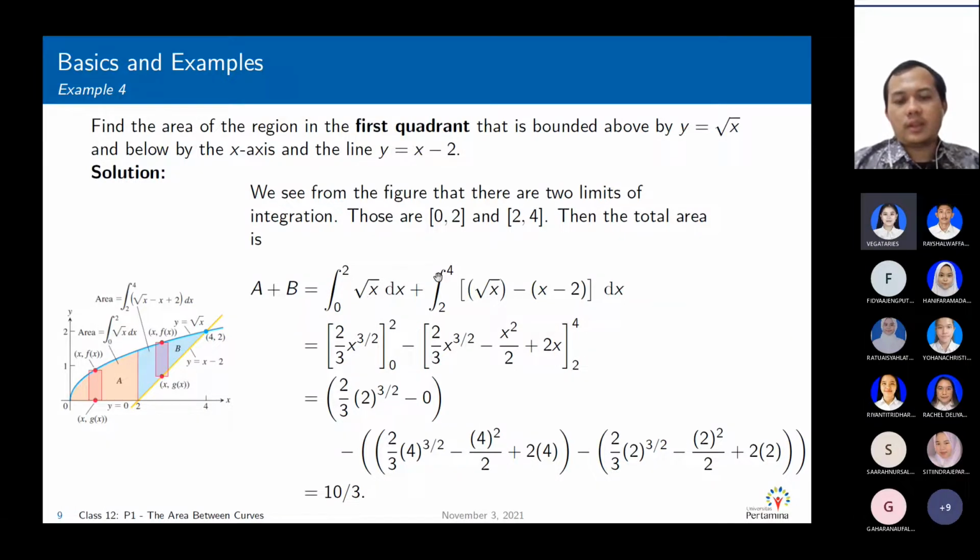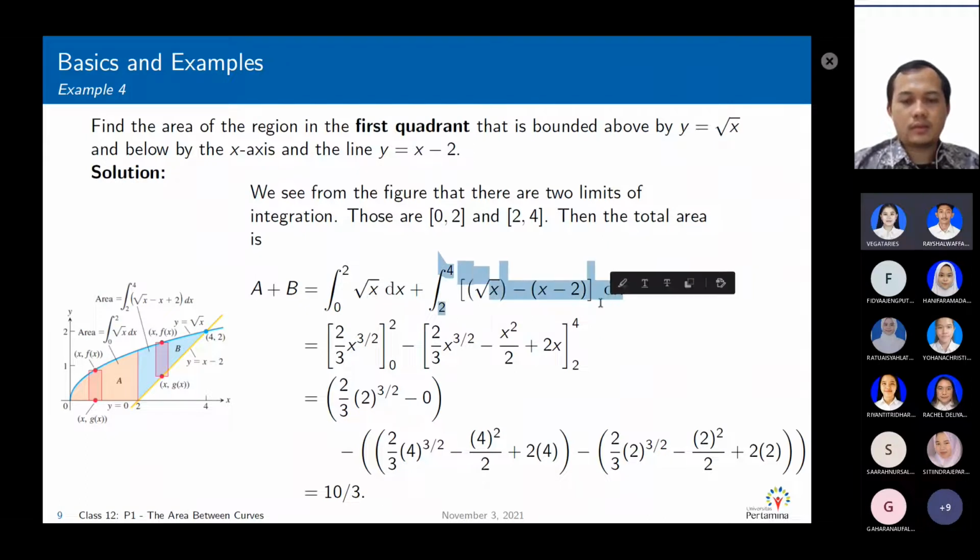This is the integral of this. In the graph, is it the blue one? Yes. Okay.